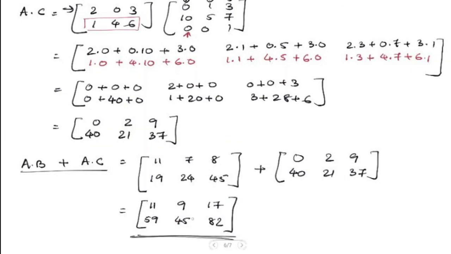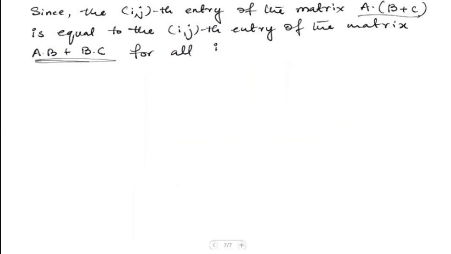So i is 1 to 2, and column j, we have 3 columns, so 1 to 3. So for all i, 1 and 2, and all j, which is 1 to 3.